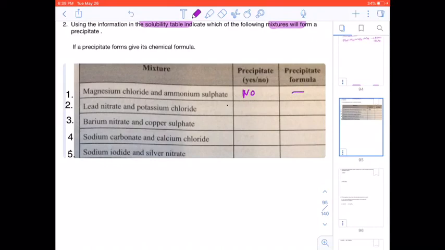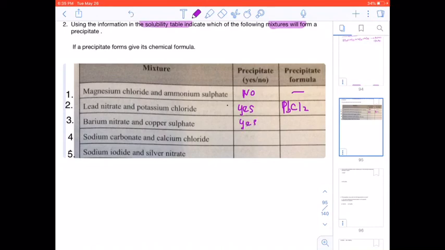Lead nitrate and potassium chloride, we know that there is a precipitate. Right? And what would the precipitate be? It would be PbCl2. If we look at the next one, barium nitrate and copper sulfate, would we have a precipitate?